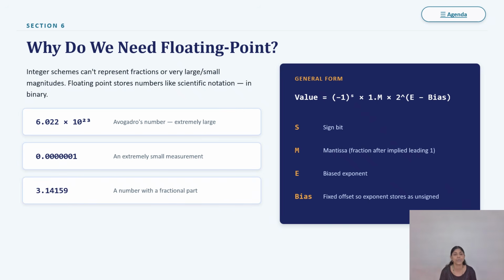This is the way we write scientific notation. So floating point stores numbers like scientific notation. The second example I have given is a small measurement, 0.0000001. In the third, I have given a number with a floating point, the value of pi. The value of pi, generally we take it as 3.14, but it is not the complete value.